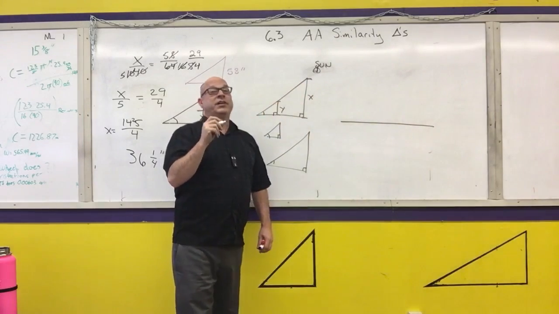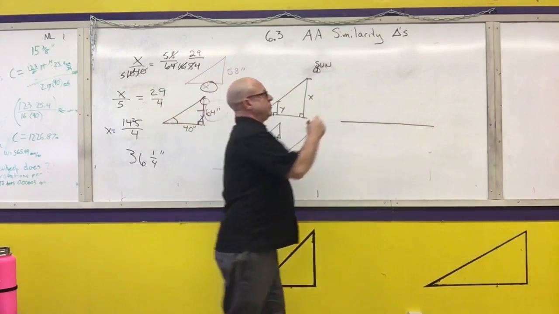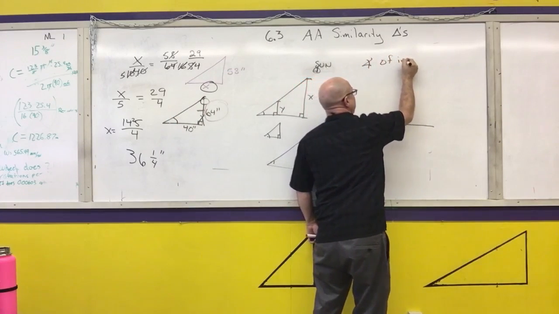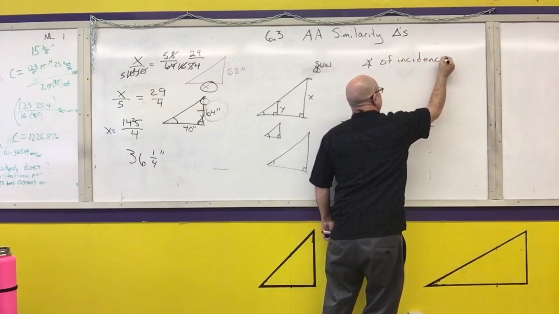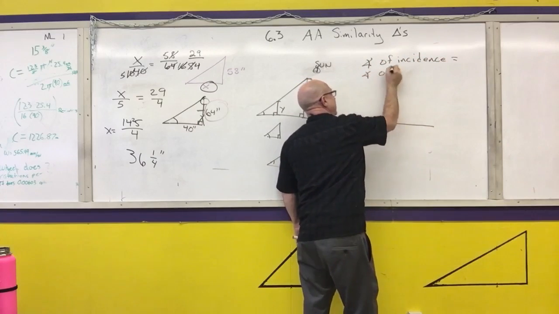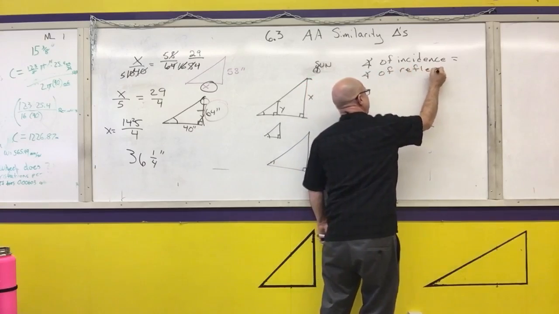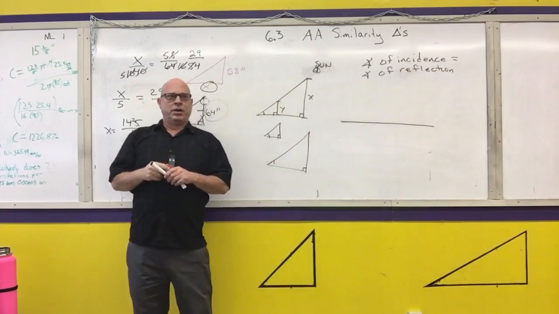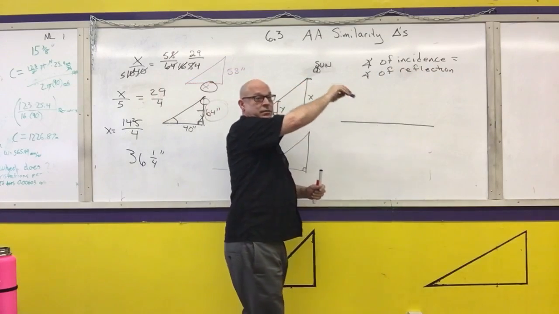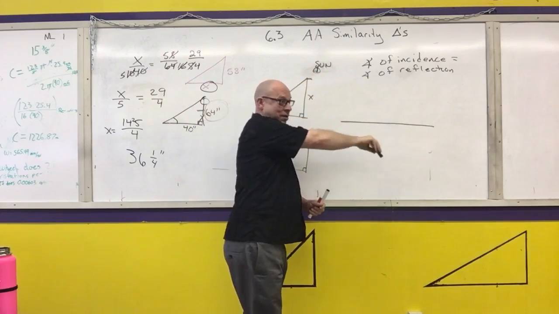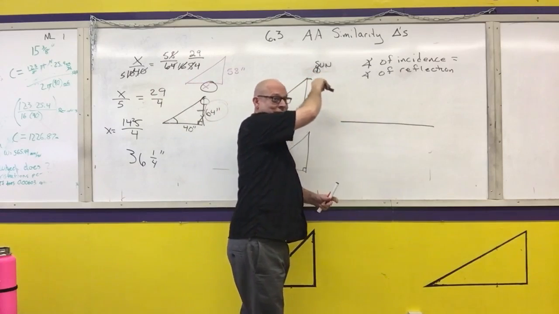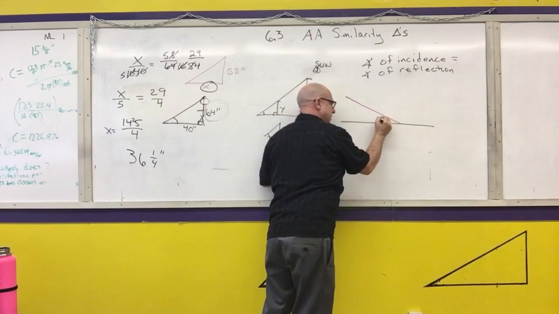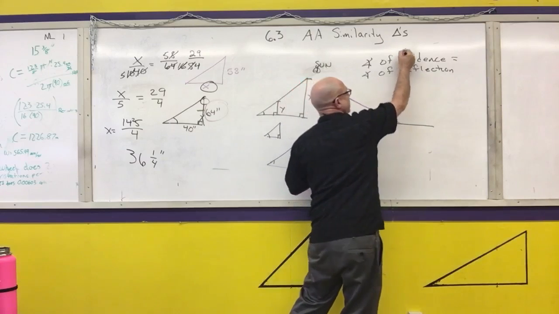So here's the thing that you're going to want to know from physics, from physical science. You should have learned that when light, bowling balls, pool balls, stuff like that, is going at a straight line, this angle right here is my angle of incidence.